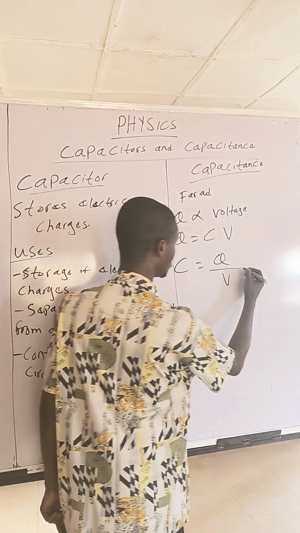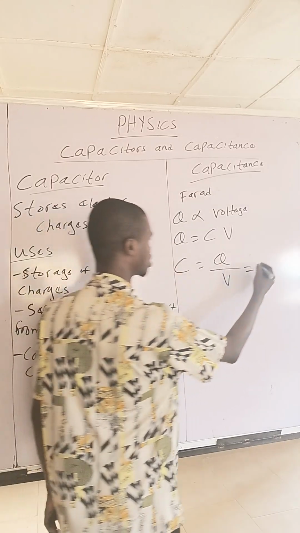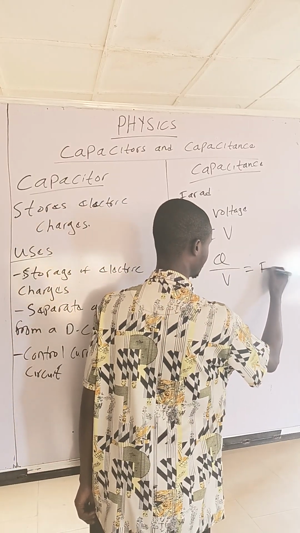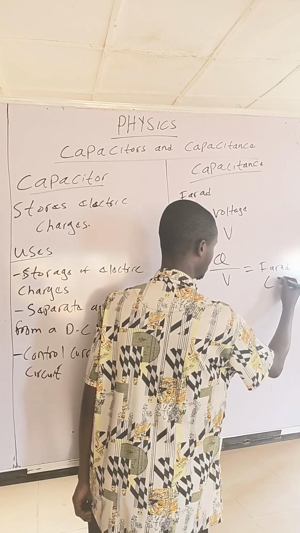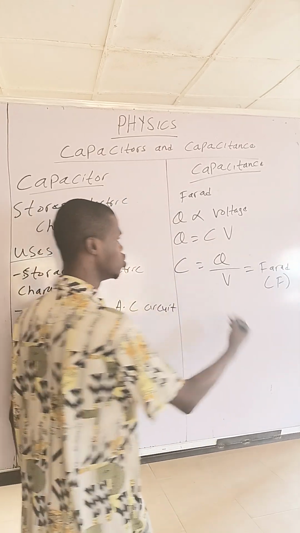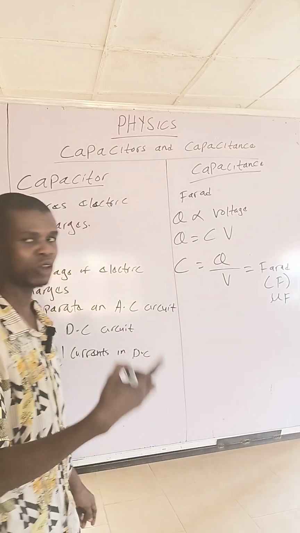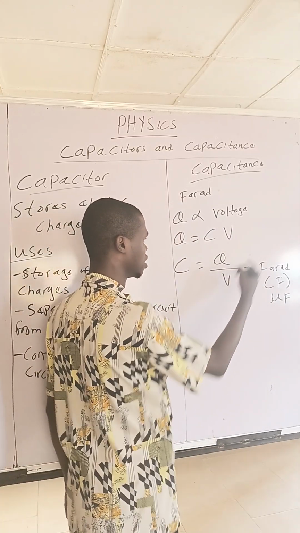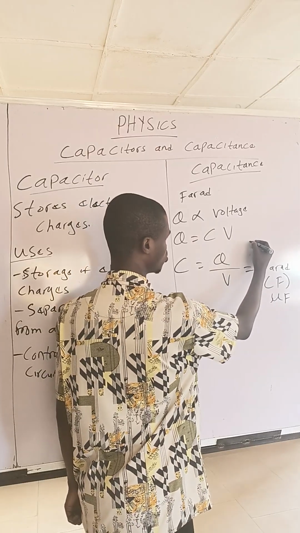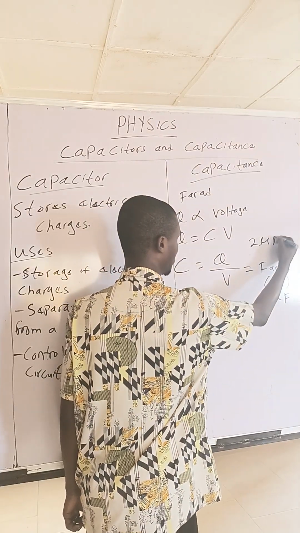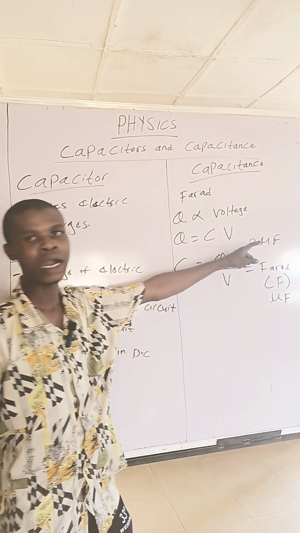So the unit for capacitance is expressed in farad, F, but commonly we use the microfarad. Whenever you are given a value like 2 microfarad, it means this is a capacitance.